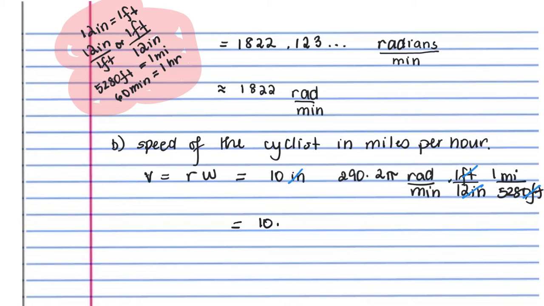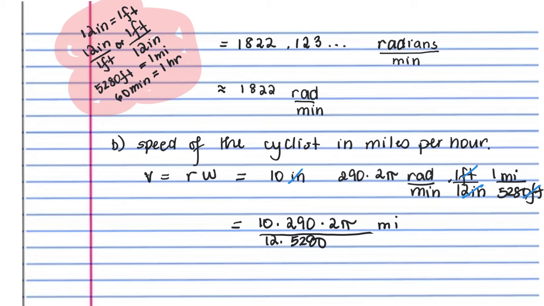So I have 10 times 290 times 2 pi all over, and I could write the radians, but really it's unitless, so I don't need to write them. I'll just erase it. In the denominator, I have 12 and 5,280, and the feet canceled.